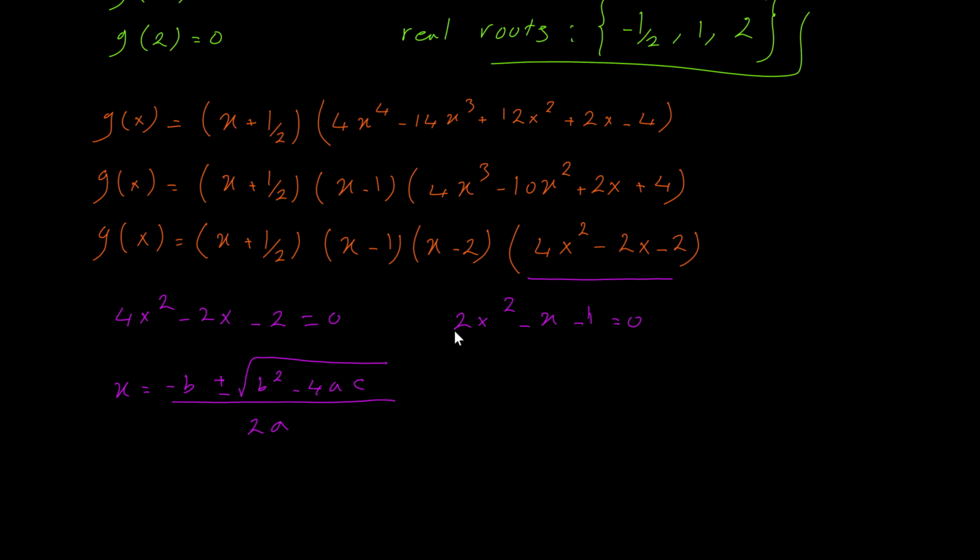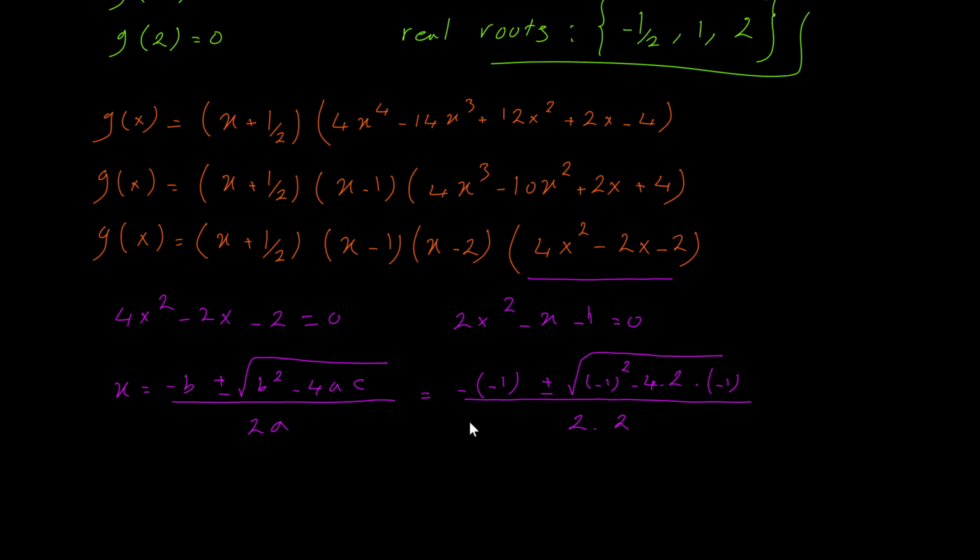We plug in the values a, b, c. So we plug in the values and let's see what we get: plus or minus the square root of negative 1 squared minus 4 times a, which is 2, times c, which is negative 1, divided by 2 times a.